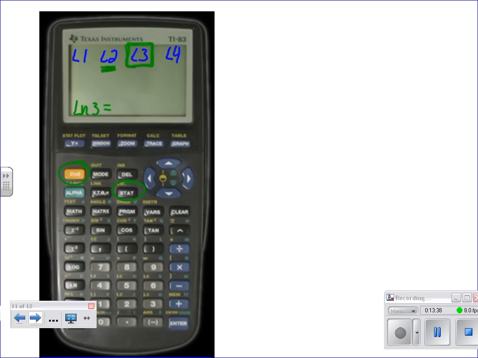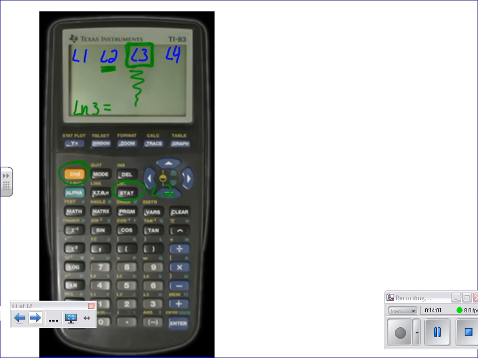You're going to bring it down to L2. So second list and then L2. In other words, by doing that, you're saying that you want your L3 to be equal to the natural log of your L2, and then you have to hit enter. You might have to hit it twice. Then all of a sudden, all of this data gets filled in.